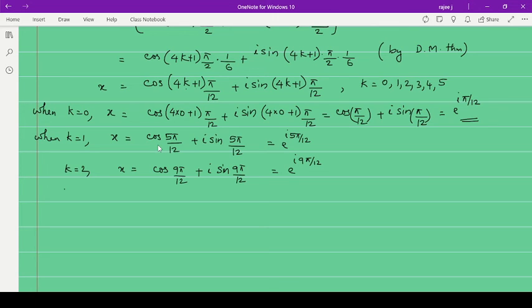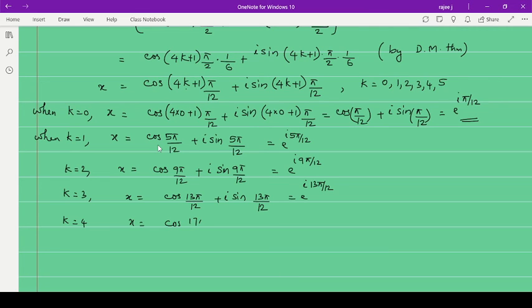Then k is equal to 3. So x is equal to cos 9 plus 4, 13 pi by 12 plus i sine 13 pi by 12, which is e raised to i 13 pi by 12. Now when k is equal to 4, x equal to cos 13 plus 4, 17, 4 4s are 16 plus 1, 17 pi by 12 plus i sine 17 pi by 12, and this is e raised to i 17 pi upon 12.